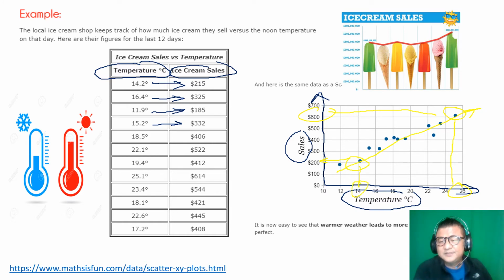Do you buy ice cream during winter time when it's really cold? No. That's why the sales are down. But when the temperature is high, that's the time people go to ice cream parlors, therefore the sales get higher. Remember, this is the independent and this is the dependent.